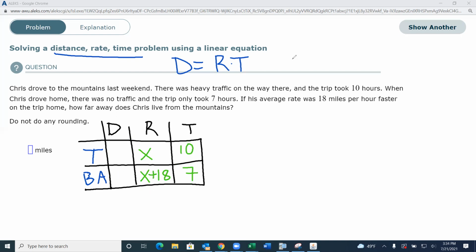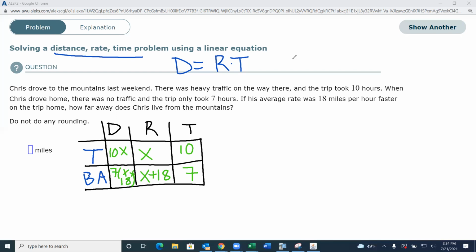Okay, so I've got 10x, and this is going to be hard. Okay, 7 times x plus 18. Sorry, it's crowded. Okay, so we know that, but we also know that the distance on the way there and the distance on the way back is the same because he drove from his home to a destination and then he drove back to his home.